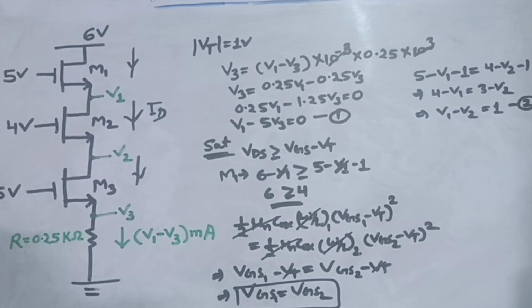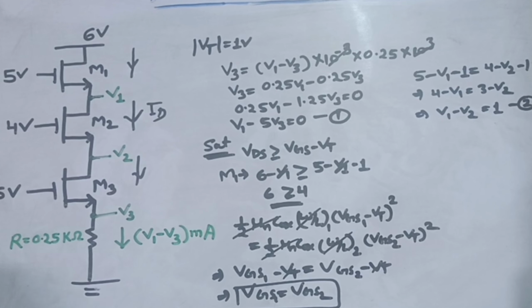Now the same equation I can apply for MOS M2 and MOS M3 also. So VGS for MOS M2 and VGS of MOS M3 should be the same. So if I write for MOS M2, VG is 4 volts, so VG minus VS is V2, minus Vt, should be equal to VG for MOS M3, which is 3.5 volt, VG minus VS is V3, minus Vt, right?